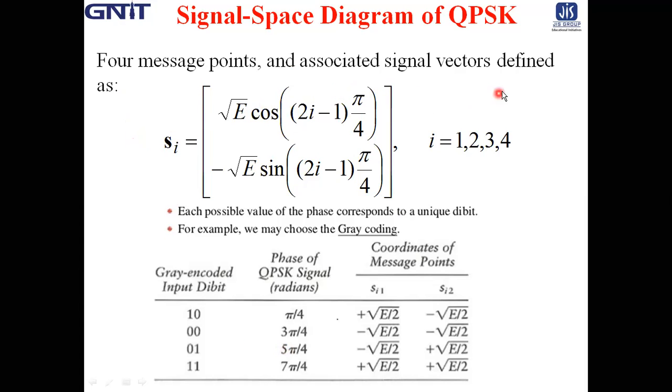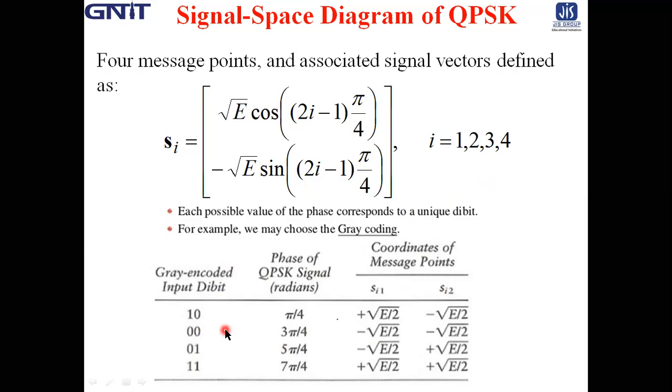The associated signal vectors are defined as s_i equal to square root of E cos((2i minus 1) pi by 4) and minus square root of E sin((2i minus 1) pi by 4), where i equals 1, 2, 3, 4. So the elements of the signal vectors, namely s_i1 and s_i2, have their values.